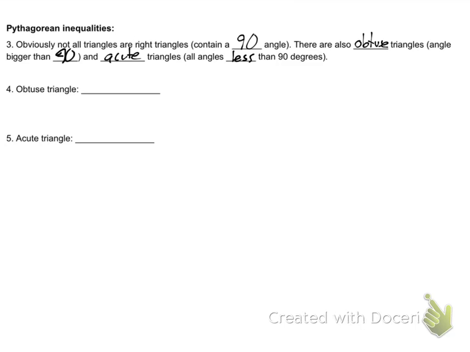So, what's an obtuse triangle look like in general? Something like that, yes? Where one angle is bigger than 90. And then the acute one, we look at this as the universal acute one because it looks really close to an equilateral, where all the sides and angles would be the same.